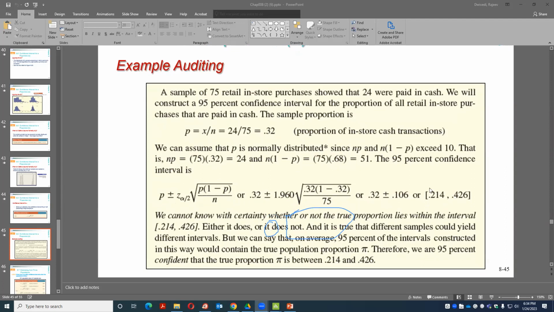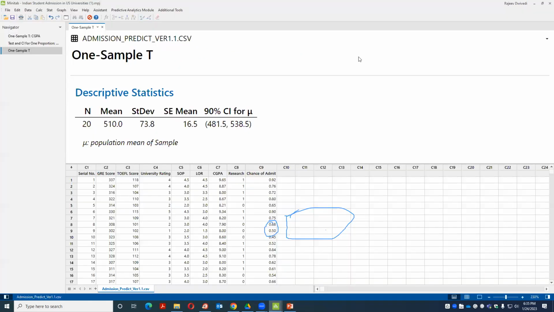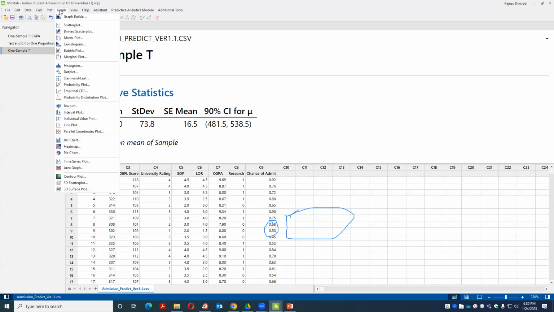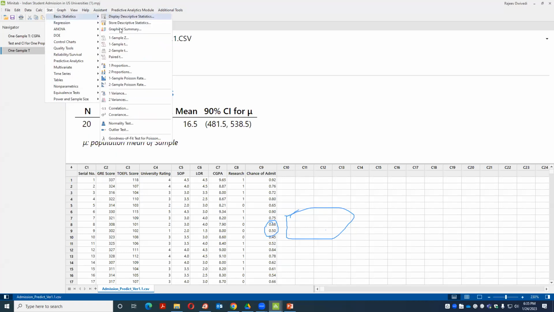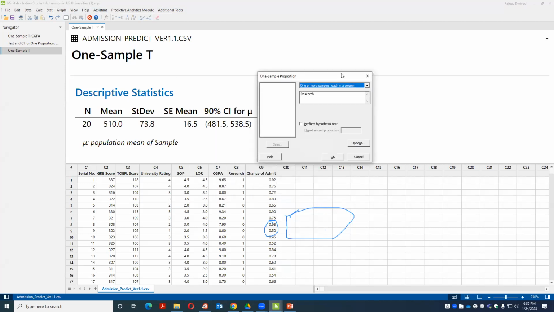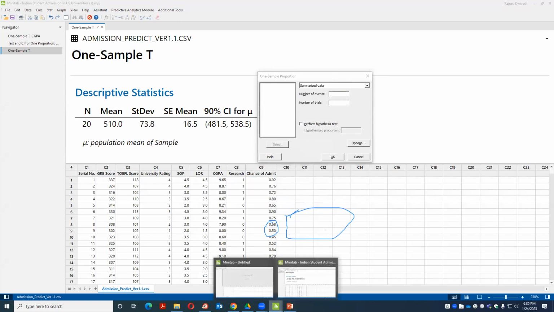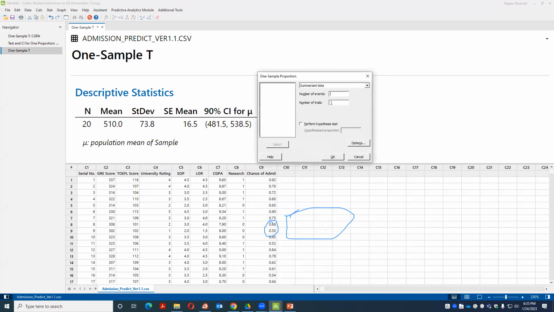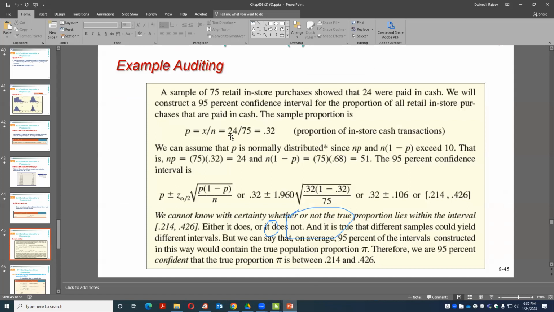Let me show you one example right here. Stat, basic statistics, one proportion. We are just talking about one proportion as of now. Summarized data: number of events and number of trials. Here we have 24 and 75. So 75 retail customers in a store, of whom 24 paid in cash.